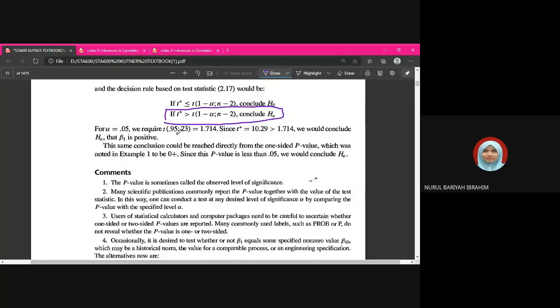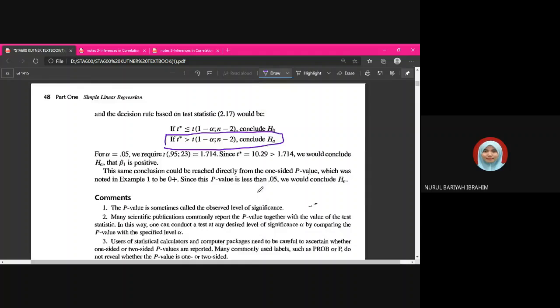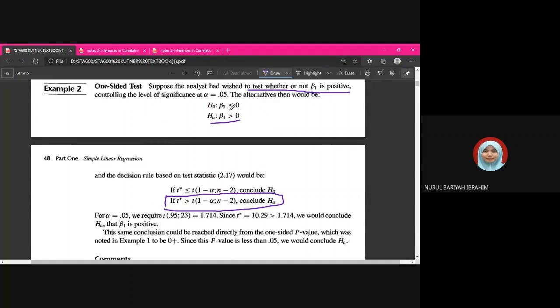Ataupun kalau nak gunakan t table merah yang you ada, t 0.05, dia punya degree of freedom 23, you will get the same answer. So here, since the test statistic is more than the critical value, we reject H0, so we conclude H1. So our conclusion is the slope is positive.